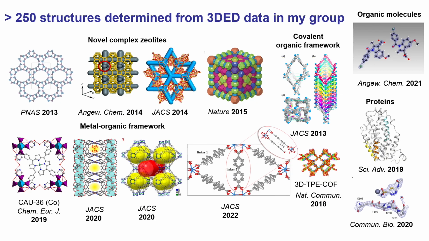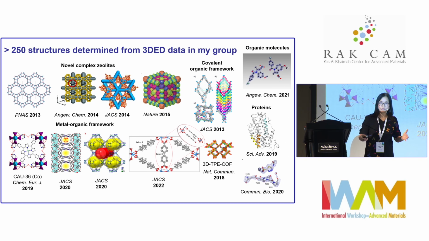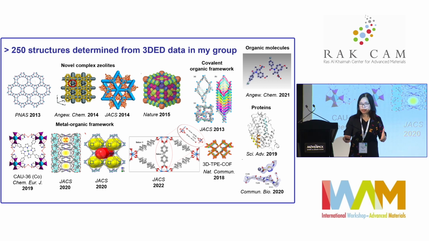During the past years, we have solved a lot of structures, not only zeolites, MOFs and COFs, we even look at pharmaceuticals and even proteins. So electron diffraction structure determination can now be done in a similar way as in X-ray diffraction.